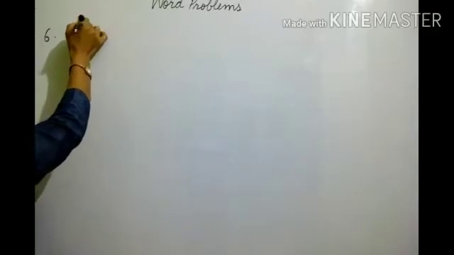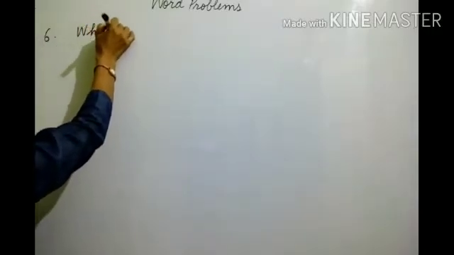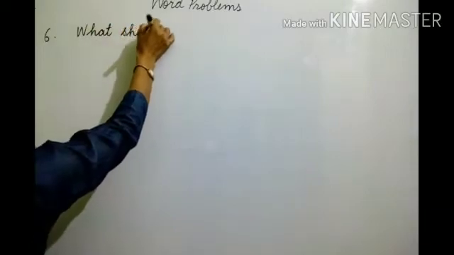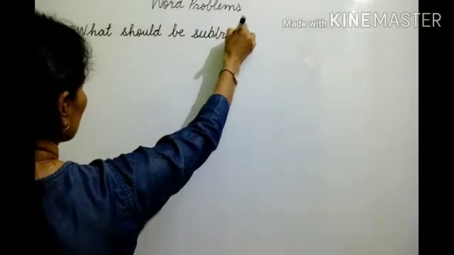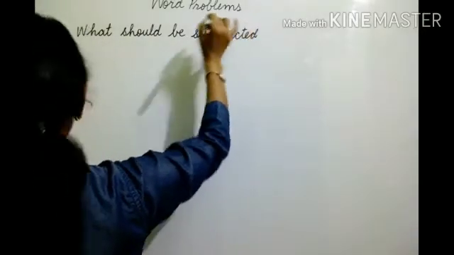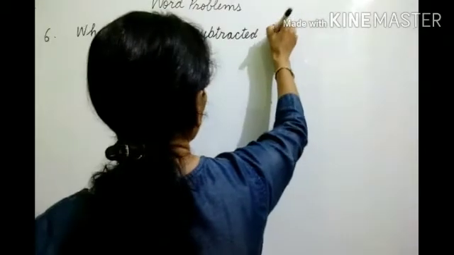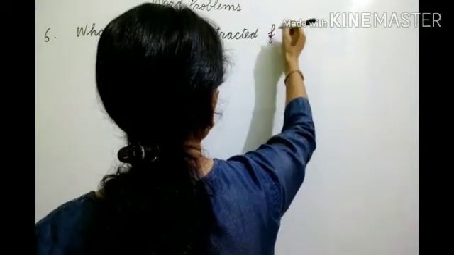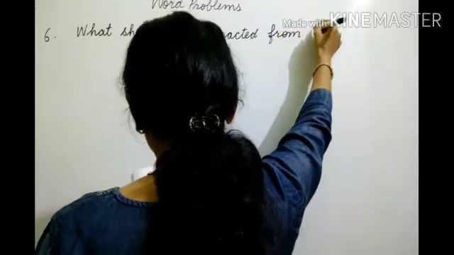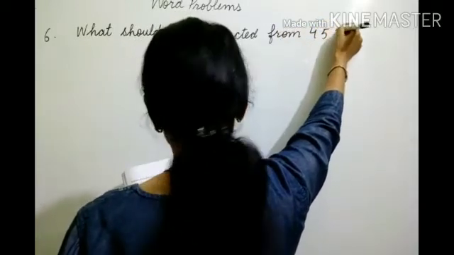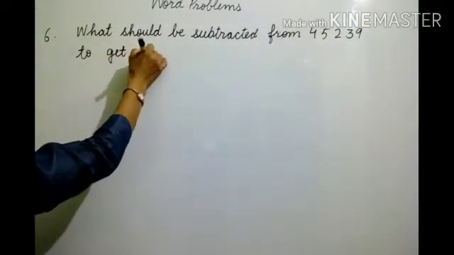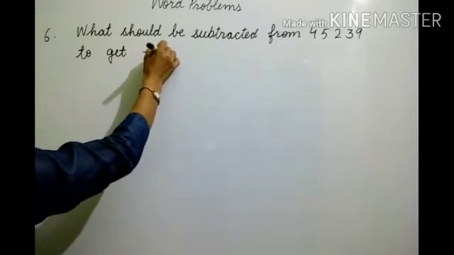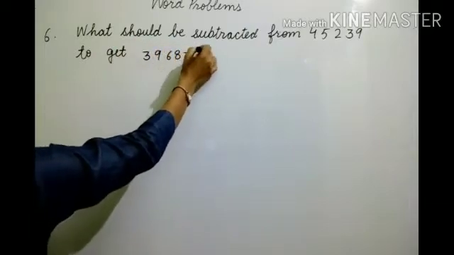What should be subtracted from 45,239 to get 39,687.